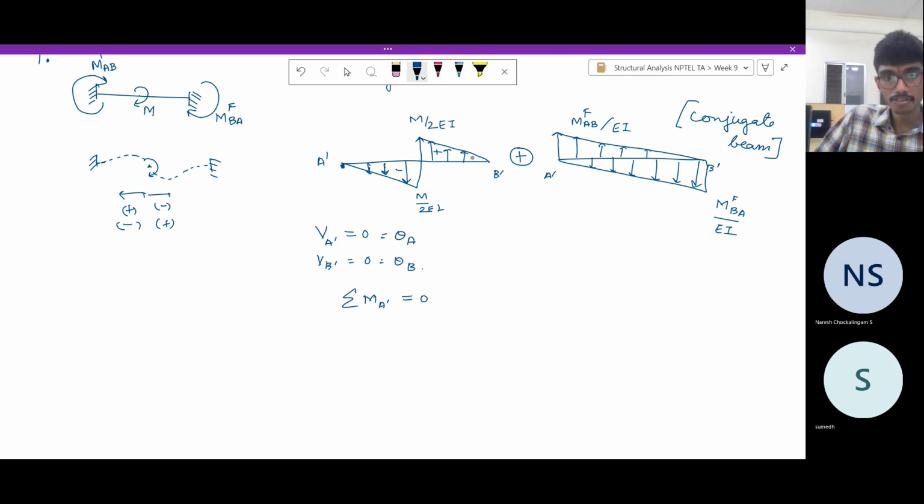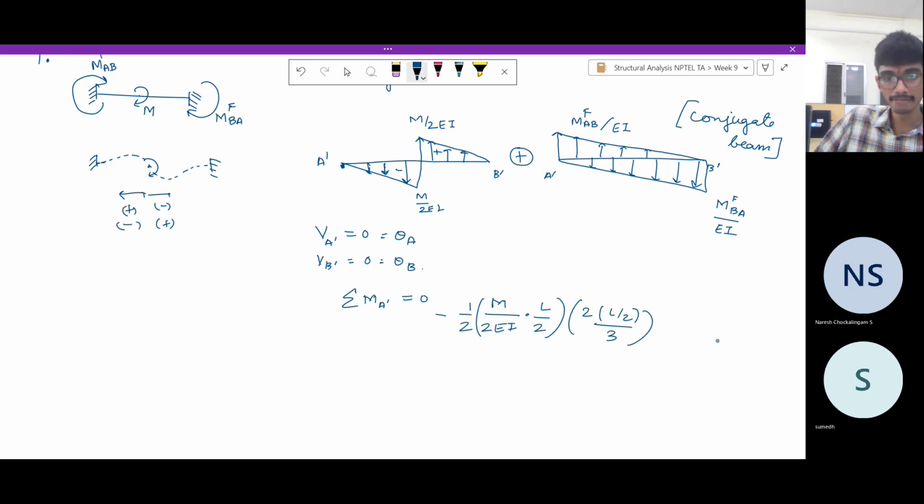So in this case, the first one, if you see what is the moment it causes, it is M by 2EI acting at L by 2. So it's triangular. And where does it act? It acts at 2 by 3 of L by 2 from the left hand side. And it's a clockwise moment.